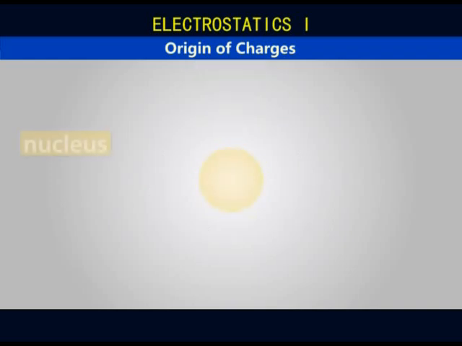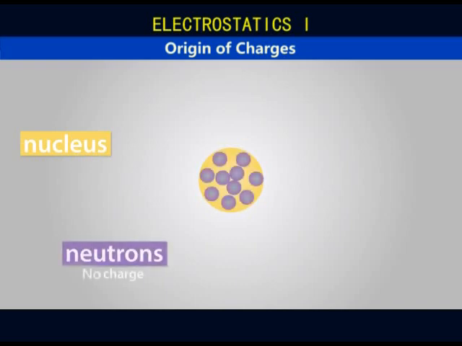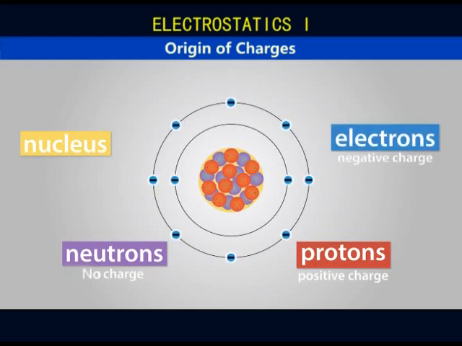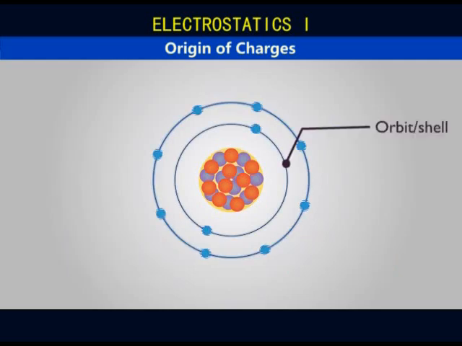In the center of an atom, there is a nucleus which consists of neutrons that have no charge and protons which are positively charged. So overall, the nucleus is positively charged. Around the nucleus are electrons which carry a negative charge and revolve in their orbits, also called shells.